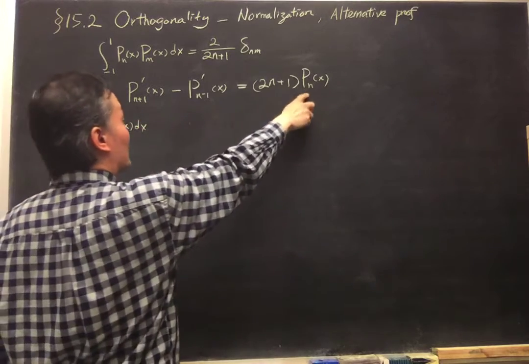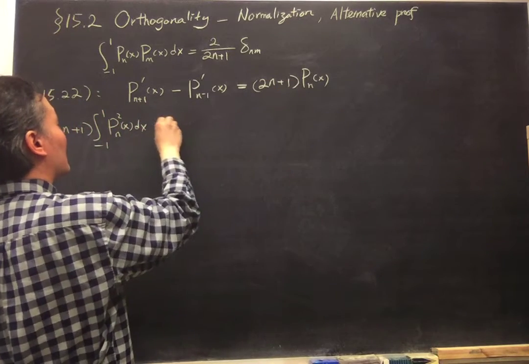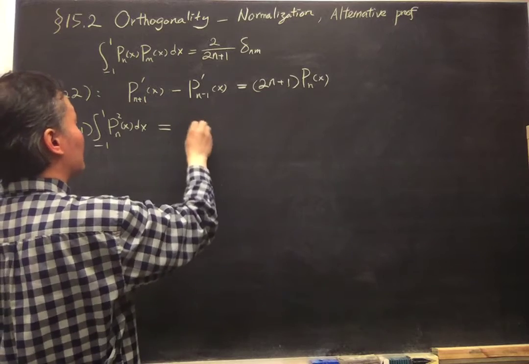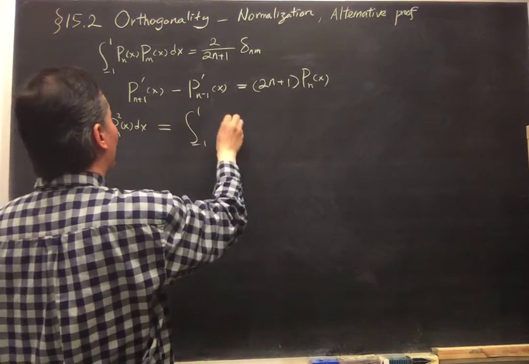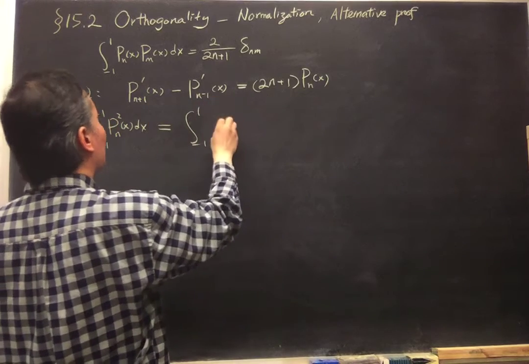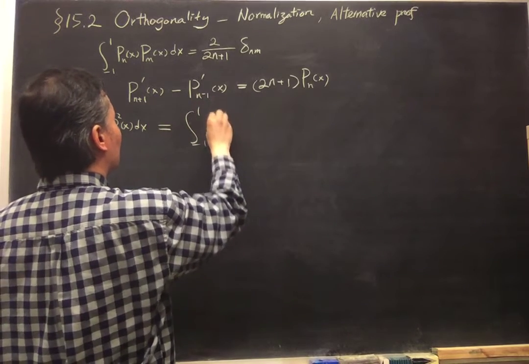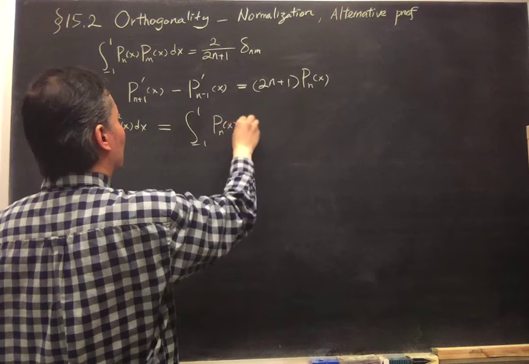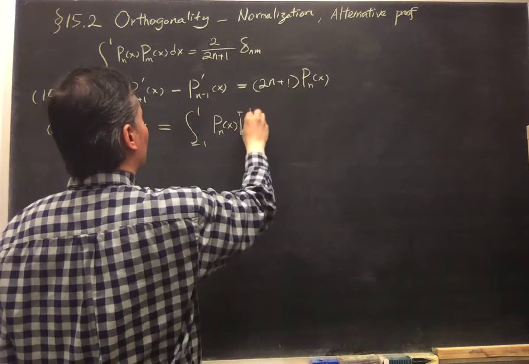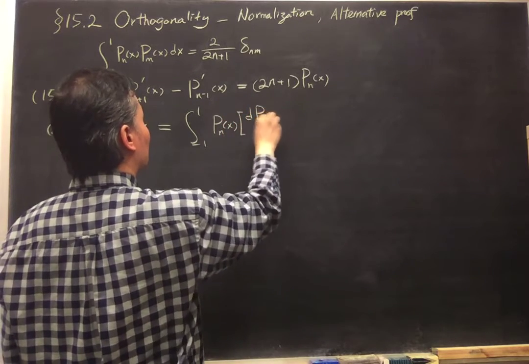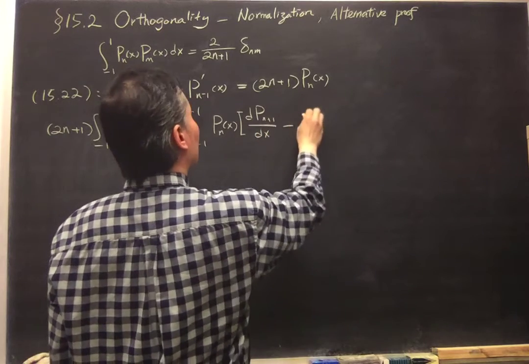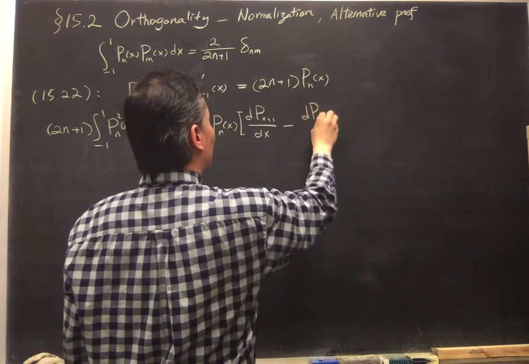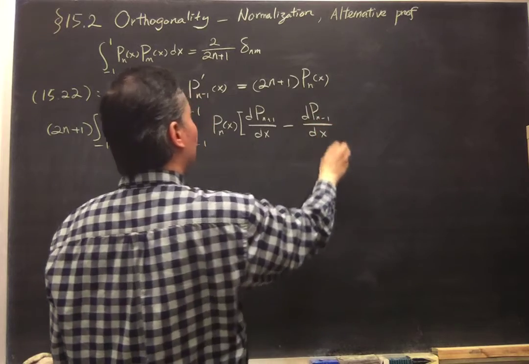So multiply by Pn and integrate. Now that equals the integral of Pn of x times dPn plus 1 dx minus dPn minus 1 dx, so there are two terms.